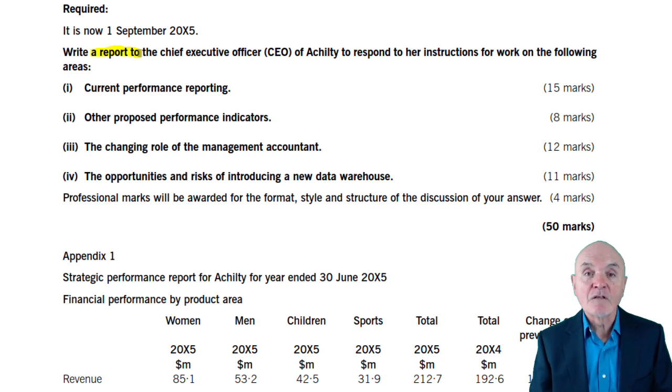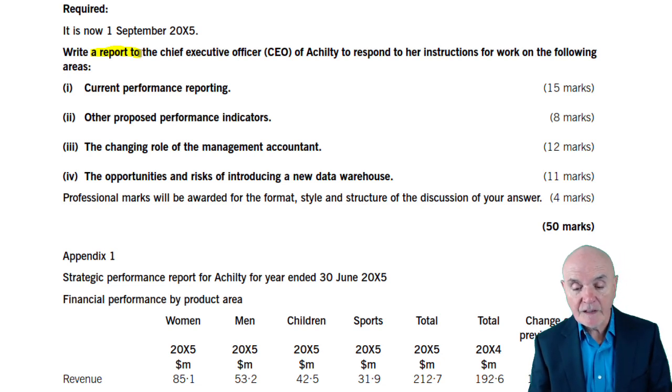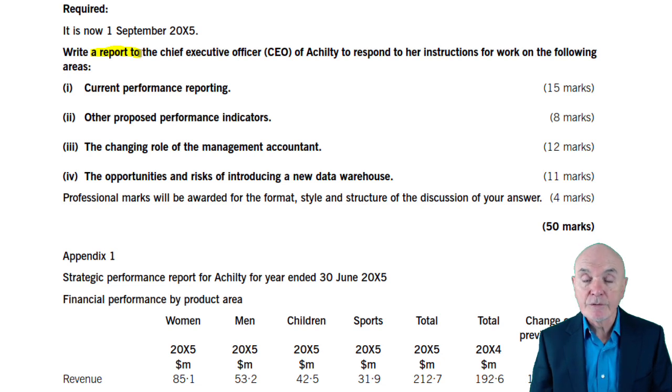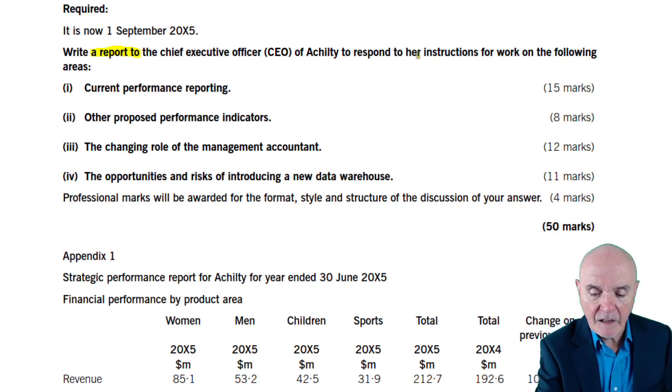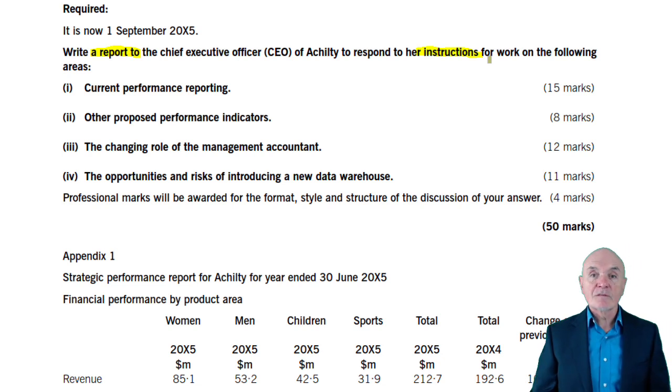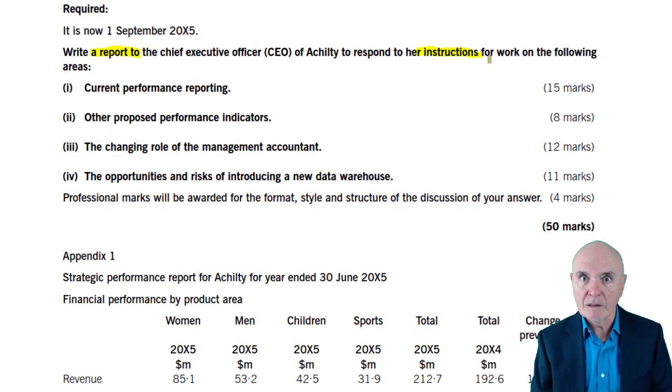To the Chief Executive Officer of Chile to respond to her instructions for work in the following areas. So it seems that there are somewhere else in the question a list of instructions that we must obey.